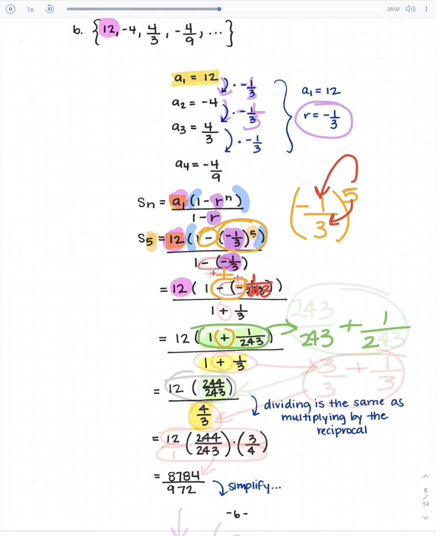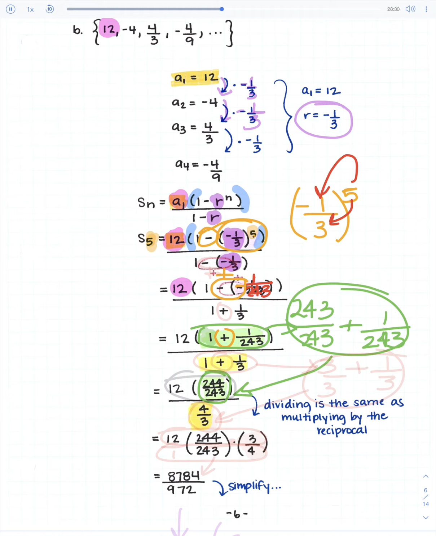It's a very large odd number, but how do you rewrite the 1 here with a denominator of 243? Well, only one way to do that is to put a 243 on top, so that when you add those two, the 243 over 243 added to the 1 over 243 gives you 244 over 243.